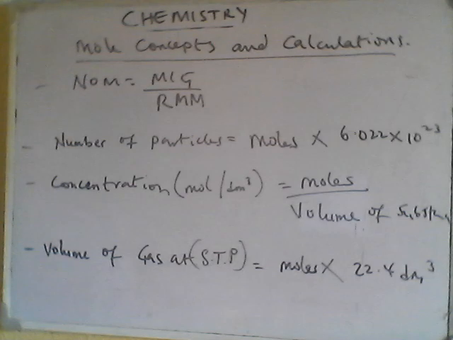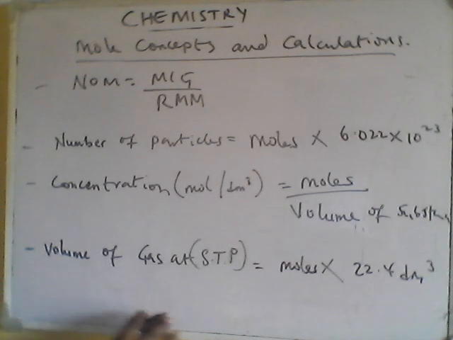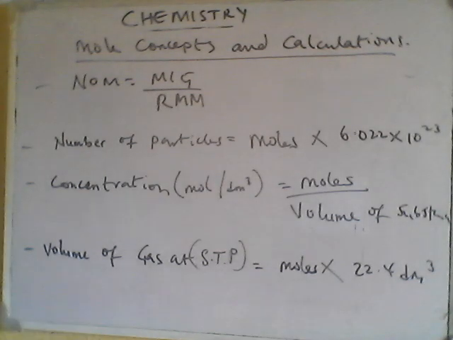I'm going to just go ahead and define the empirical formula. Empirical formula is actually the simplest whole number ratio of atoms in a compound. That means a particular compound formed by atoms or elements. We just need to know the basics, the basic whole number.